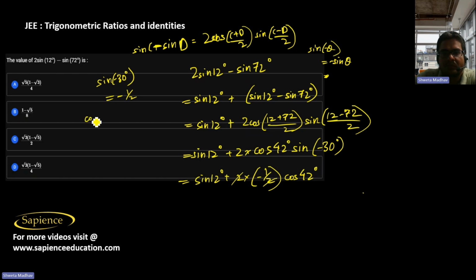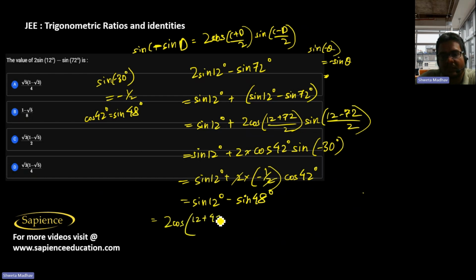Now cos 42, I can say it is sine of 90 degree minus 42, which is sine 48 degree. So this I can write as sine 12 degree minus sine 48 degree. Now sine c minus sine d again we have to apply. So it is 2 cos of c plus d by 2, which is 12 plus 48 degree by 2, into sine of 12 minus 48 degree by 2.